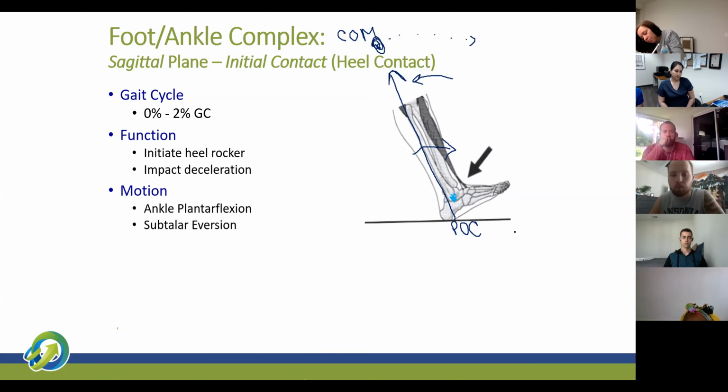So starting off in initial contact, it's tilted a little bit posteriorly, and it's going to pass just barely posterior to the ankle. So where the ground reaction force is in relation to the joint will determine what action the joint has. If it's anterior to the joint, it's going to create a dorsiflexion moment.